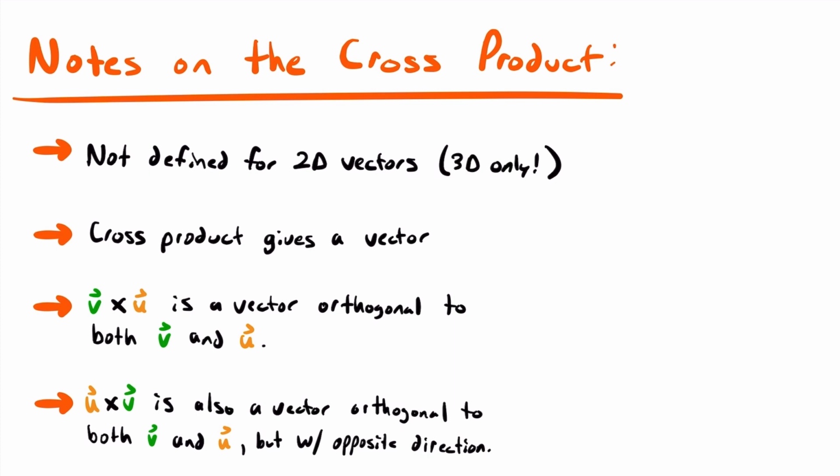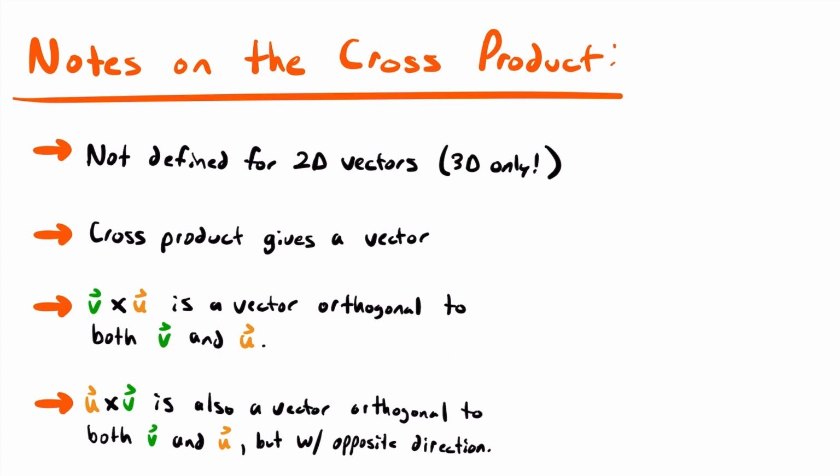And then the next thing we already talked about, but the cross product gives a vector, right? When you perform the cross product on two vectors, the result is another vector. And what that vector represents is what these last two notes about the cross product are about. If we cross vector v and vector u, the vector that results is a vector orthogonal to both vector v and vector u.